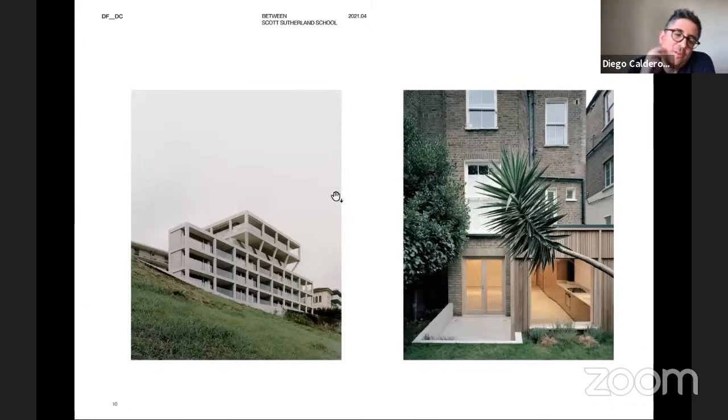So yeah, the idea with this building on the left was to have, from the beginning, a very clear vision of how long different elements should last.